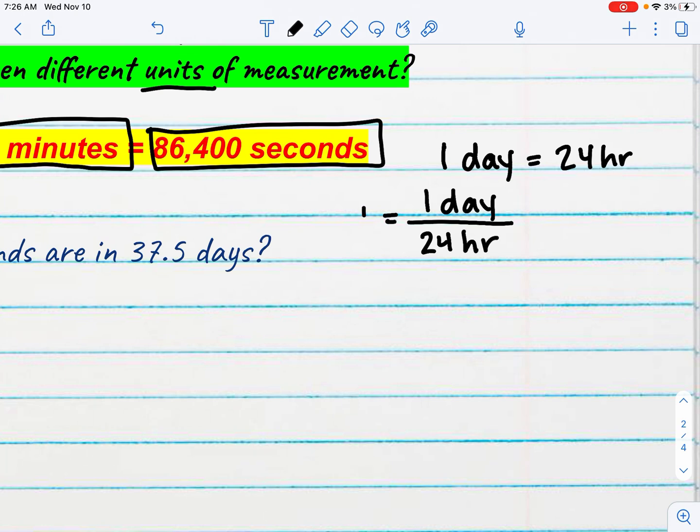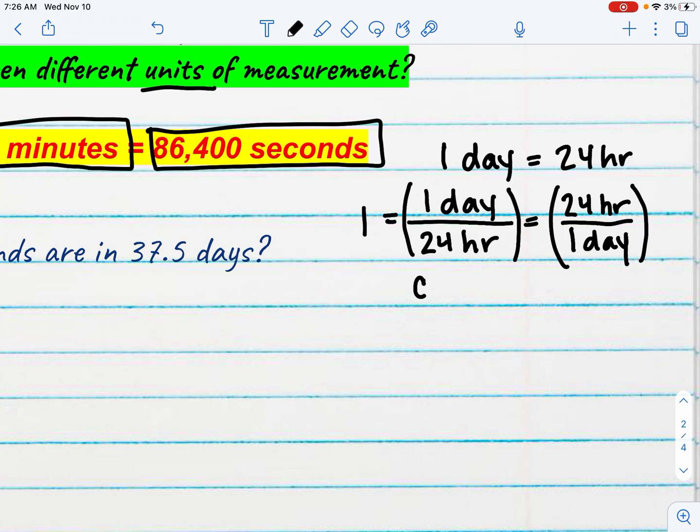And I know that this is equal to 1 because I'm dividing something by itself, all right? I can also flip that. 24 hours are equivalent to 1 day. Those are all equal to 1. So I'm not changing the numerical value. I'm just changing the units in which we express it. And these right here that I'm putting in parentheses are called conversion factors.